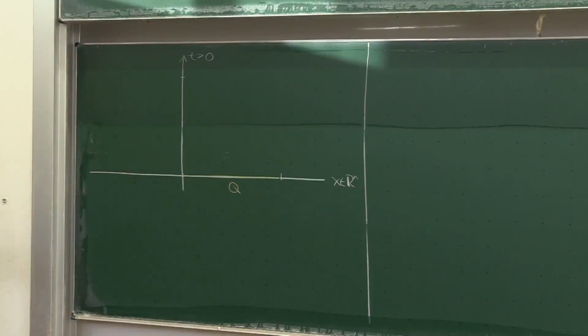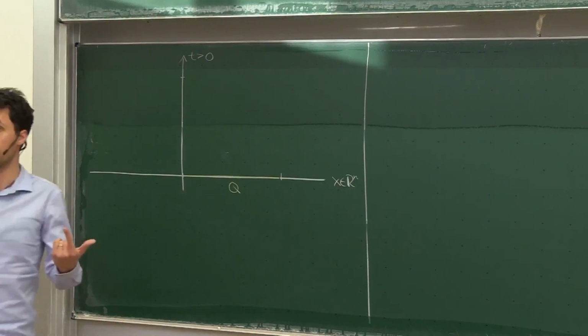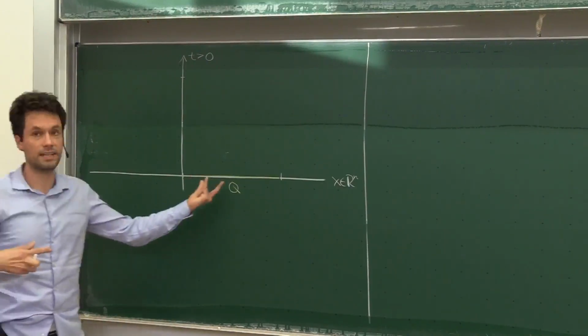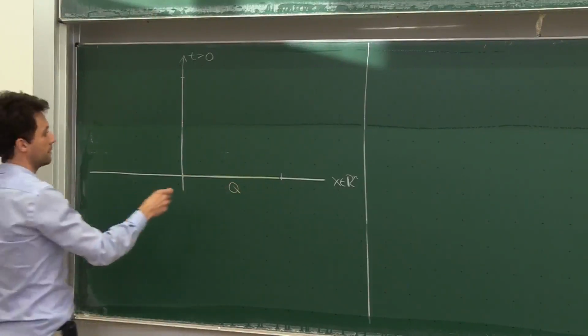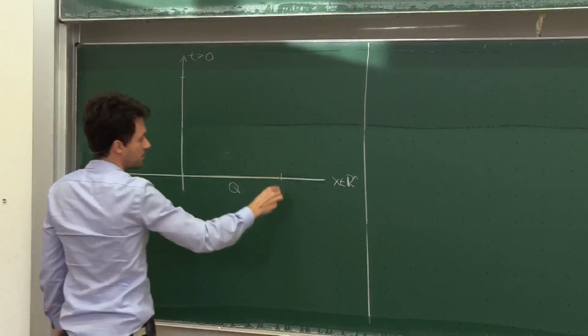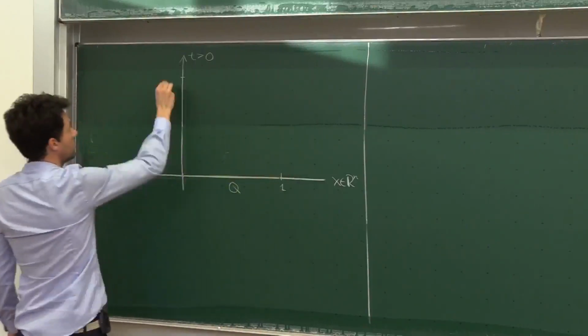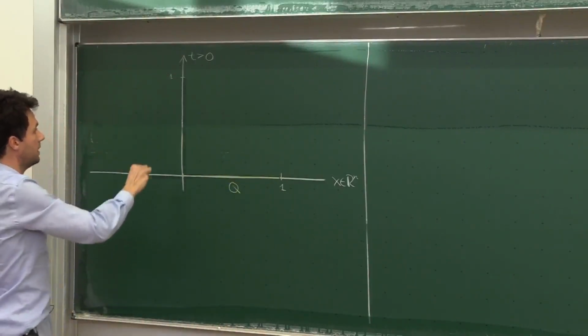It's a picture in which you can cover the upper half space by boxes, and in this box all dyadic children of this Q are also going to be appearing. Imagine that this cube has unit length, and then this is a 1 sitting over there.